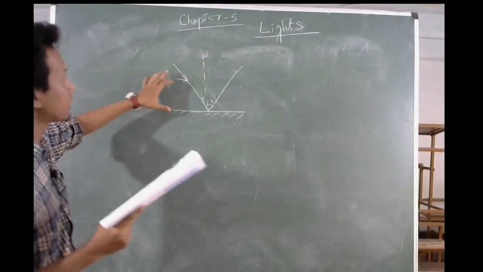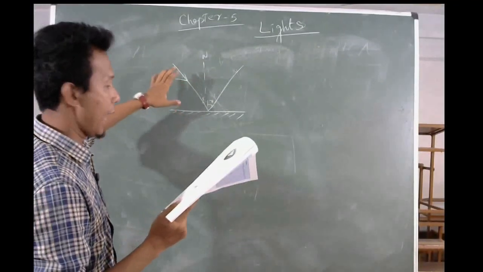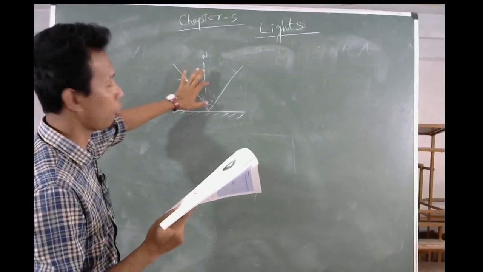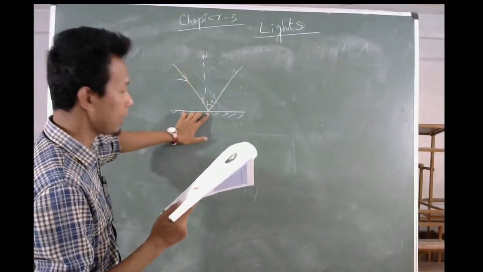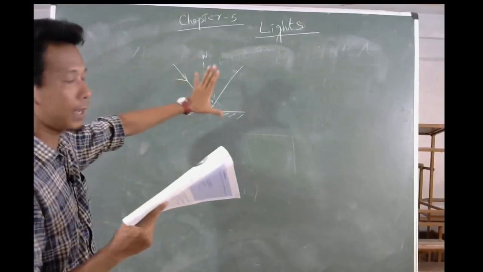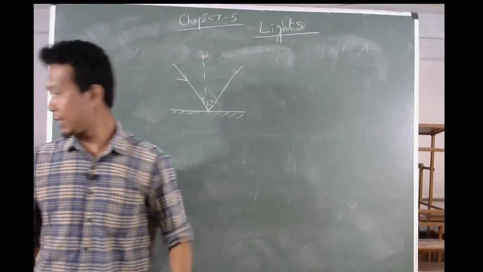Okay? These three, the incident ray, the normal, and the point of incidence, will all lie in the same plane.